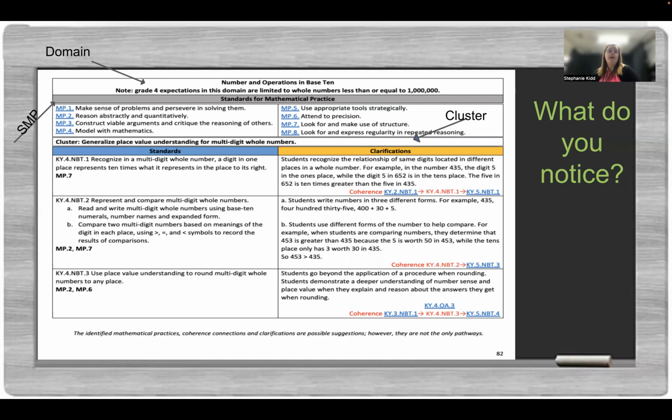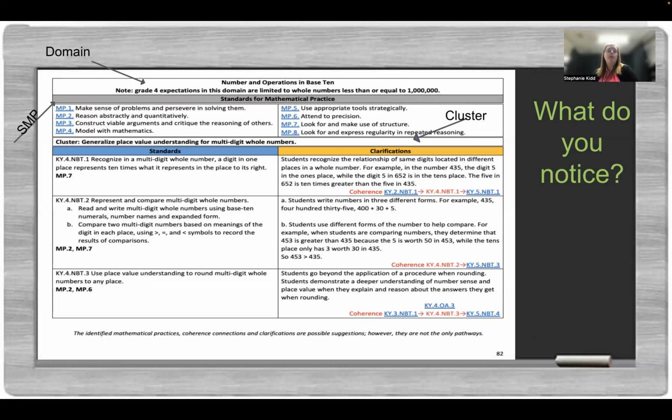When we look at the bottom, it says recognizing a multi-digit whole number. Well, where do those whole numbers need to stay? It says they are limited, if you notice the note, to whole numbers less than or equal to 1 million. So I shouldn't be going over that when I'm creating my problems. That note is very important, especially when we get to fractions, and we'll see that.